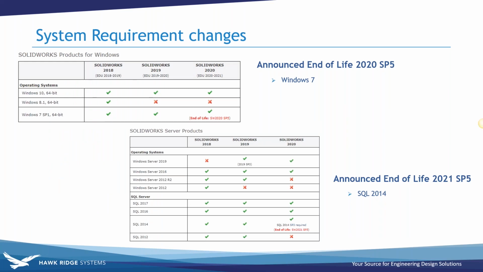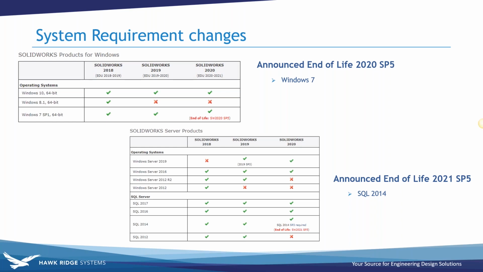All right, system requirement changes. So with every new version of PDM and Manage, with the evolution, things need to be upgraded. This year, you can see on the right table, Windows Server 2012 R2 is no longer supported for 2020.